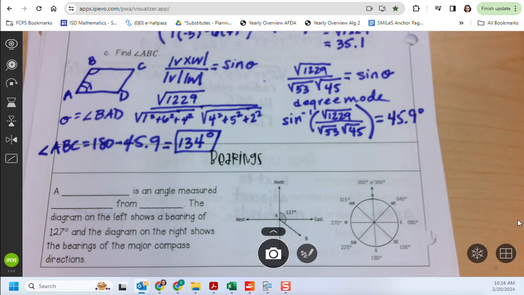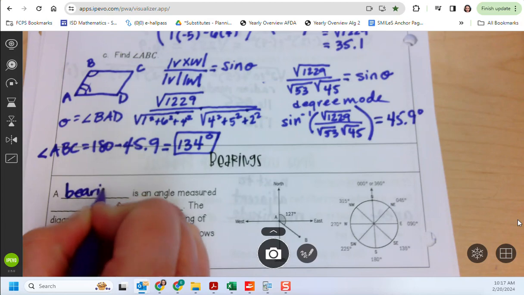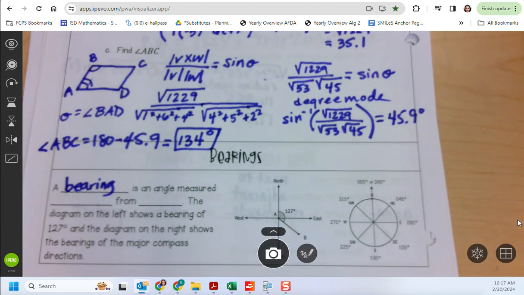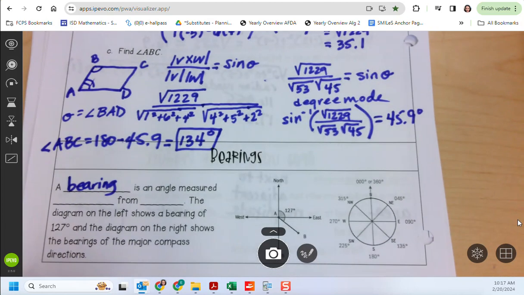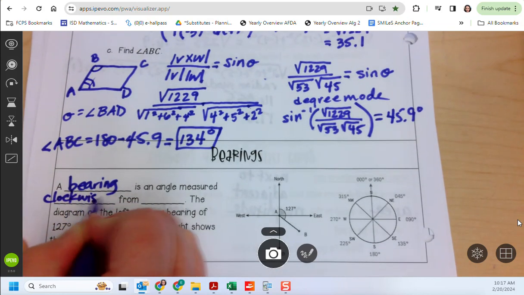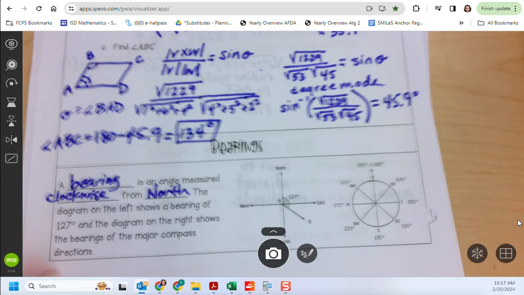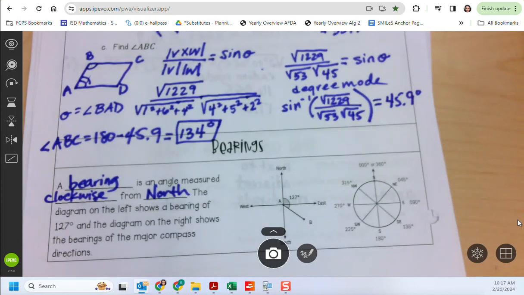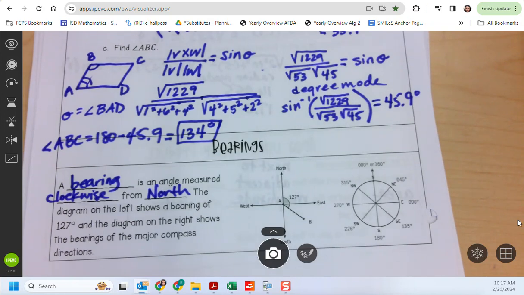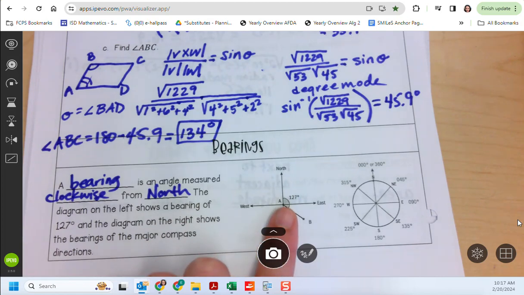All right, so in IB, a bearing is an angle that is measured clockwise from the north. And then it says the diagram on the left shows a bearing of 127 degrees. So you'll notice starting from the north, that's 127 degrees.